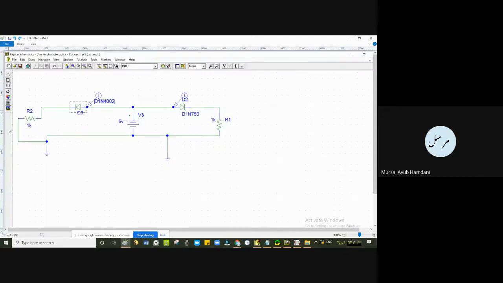Now, using this configuration, we clearly see a marked distinction, okay, between the reverse bias conditions. Okay, now we shall use it to design a clipper of a particular choice.